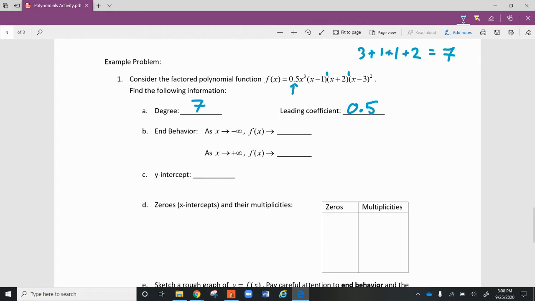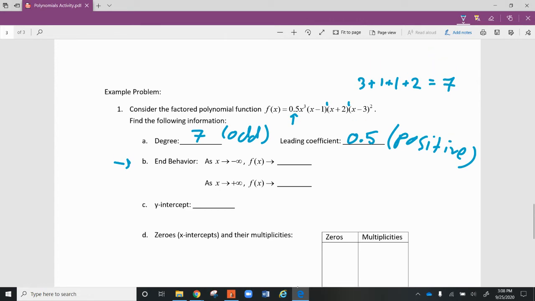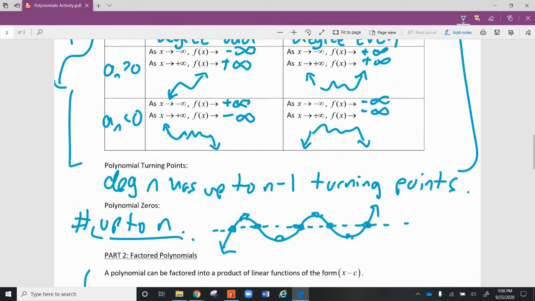Now, given the information about the leading coefficient, which is that it's positive, and that the degree is odd, we can answer question B based on our chart. So let's go back up and take a look at what our chart was.